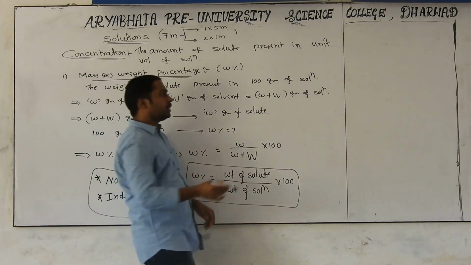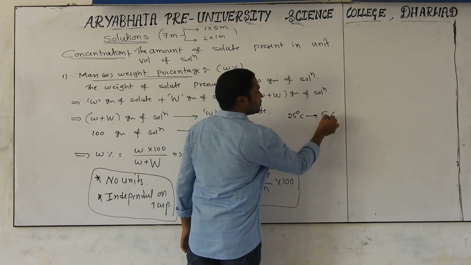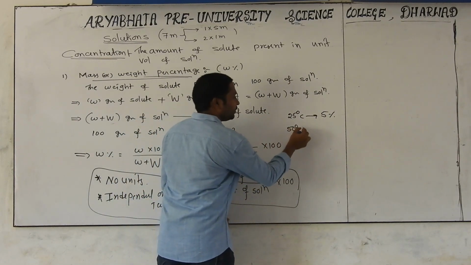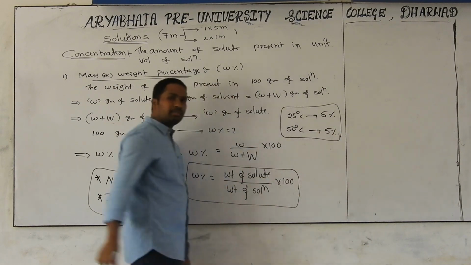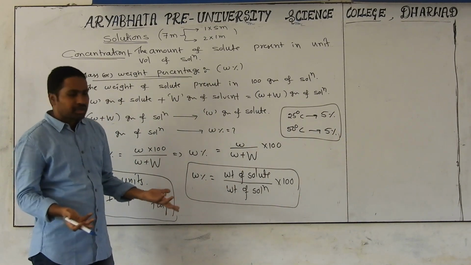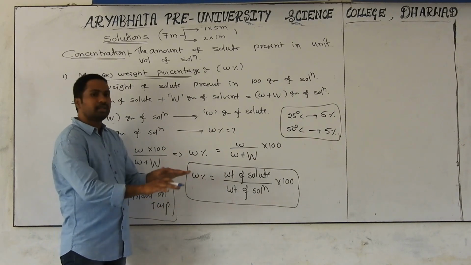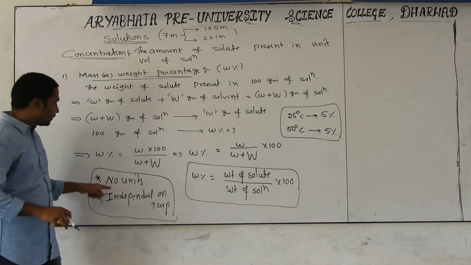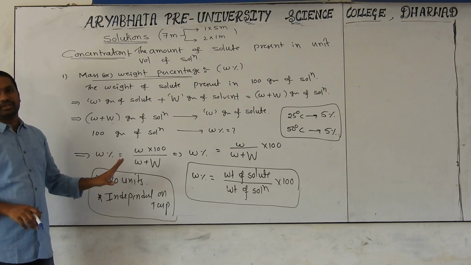For example, at 25 degrees Celsius the weight percentage of the solution is 5%. Even at 50 degrees Celsius it remains the same. Because there is no volume term, the value remains constant whatever temperature you maintain. That is why weight percentage has no units and is independent of temperature.